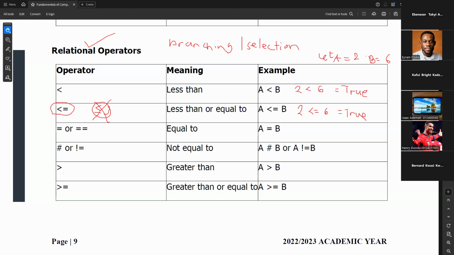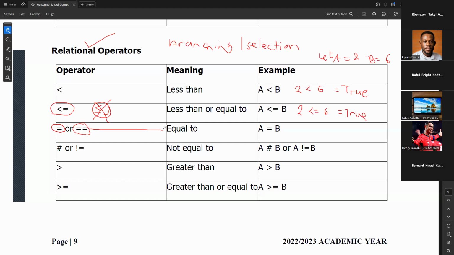Then we move to the next operator, which is the equal to. Like I said, you want to distinguish this equal to from this one. In most programming languages, we use the double equal to sign to determine equality between two variables.